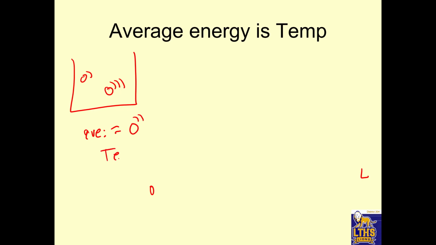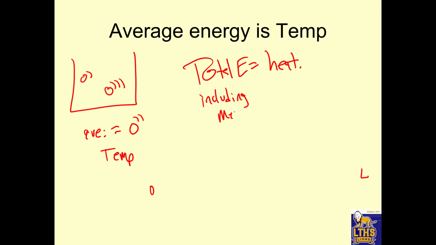That would be the temperature. Average energy is temperature. Total energy is heat. I use total energy including mass, because including the mass really tells you. Total means including mass. Average temperature means what's one particle.